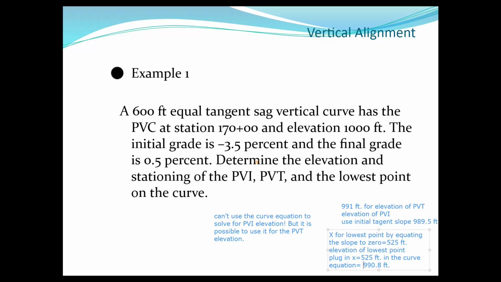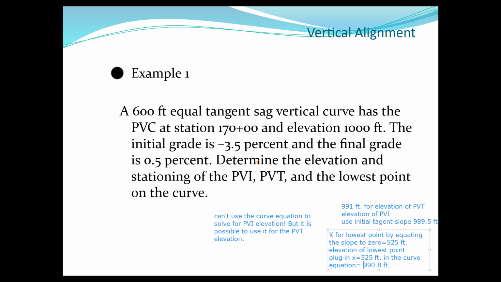So the lowest point will be at 150 times 3.5, which gives you 525.